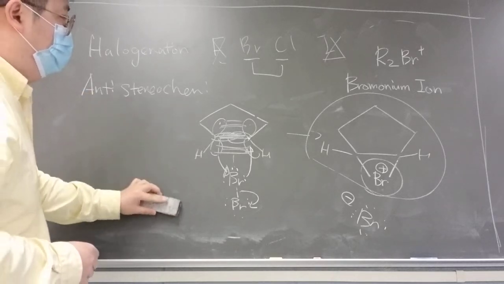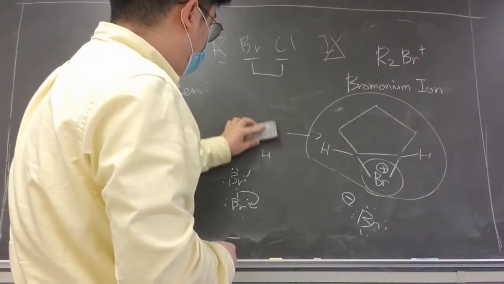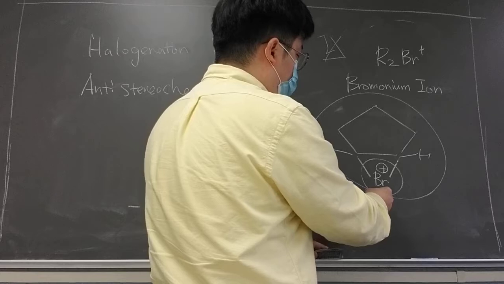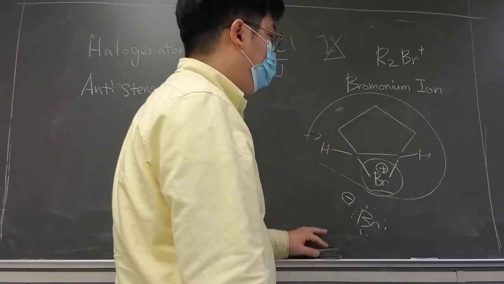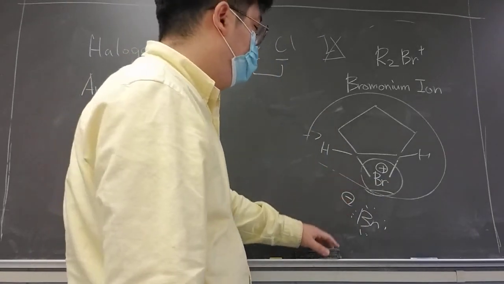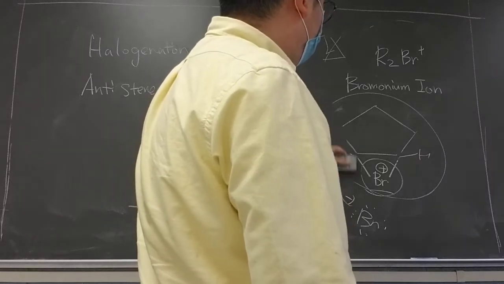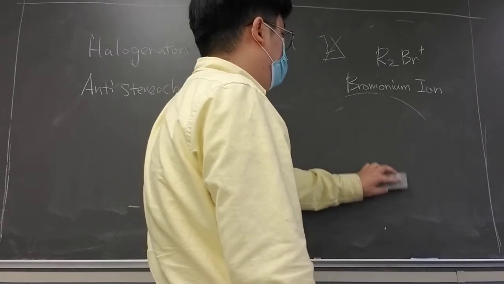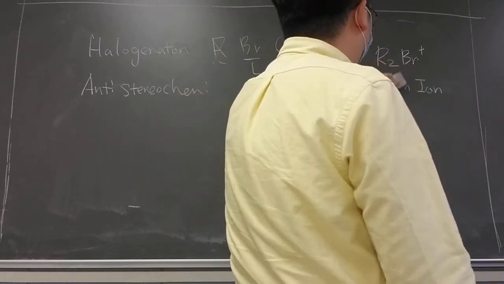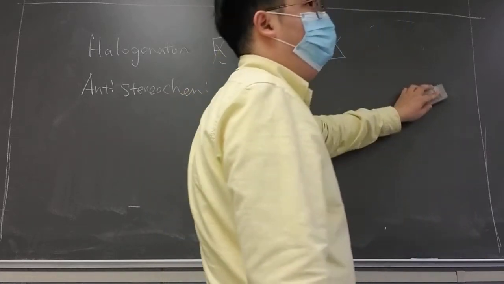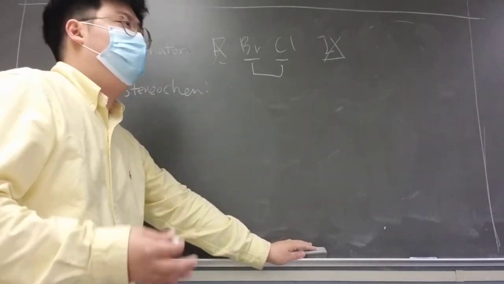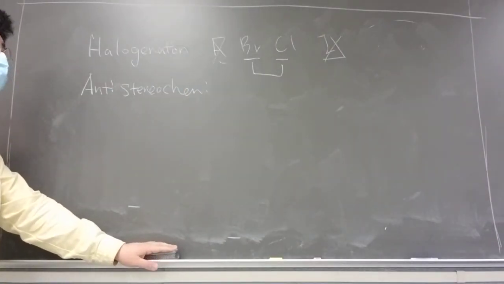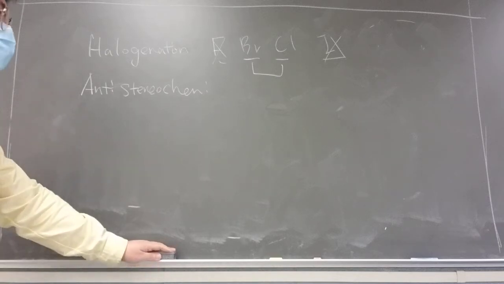Scientists actually wondered if that really exists, because if you think about it, the bromonium ion is very unstable. So they tried to prove it, and found an article published about 50 or 60 years ago where they actually made the bromonium ion separately, using antimony pentafluoride with the bromoalkane.